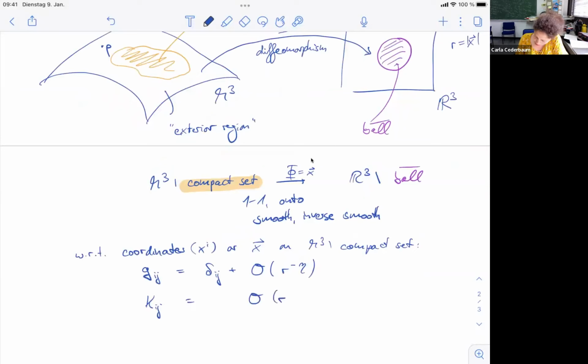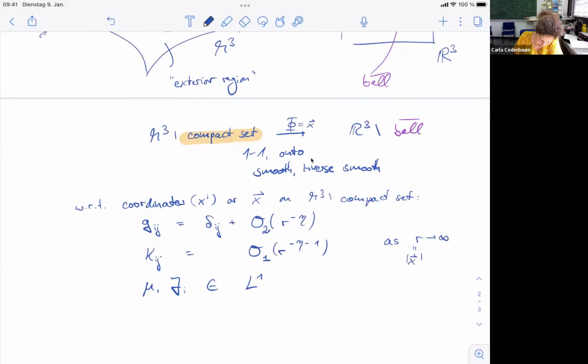The K components should look like terms of the order r to the minus eta minus 1, and mu and J^i should be integrable. And now I'm going to add a little 2 here and a little 1 here, and I'll say in a moment what all this means. This is as the radius goes to infinity, where the radius is the length of this coordinate vector x. And then I say this is asymptotically Euclidean.